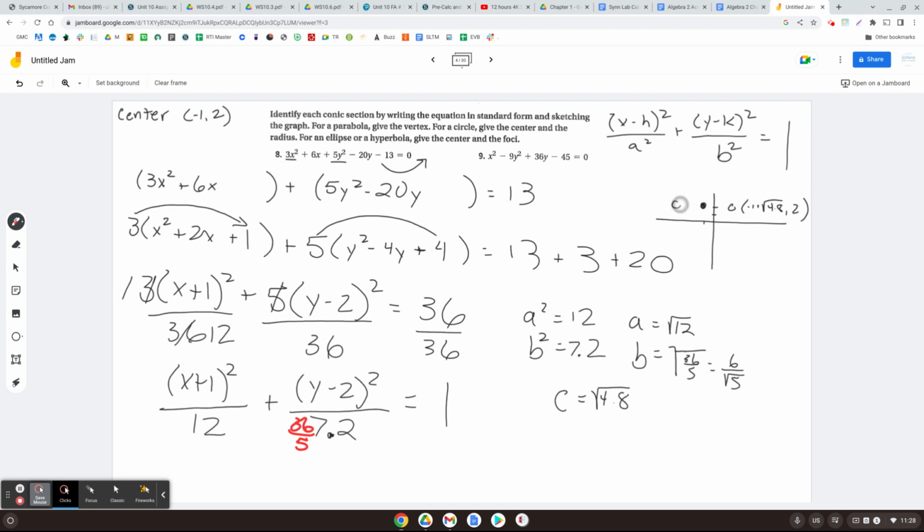And this focus is going to be negative 1 minus radical 4.8, comma 2. And then we know that the square root of 12 is our vertex, and this is going to look like this. It's going to be wider in the x direction than it is in the y direction.